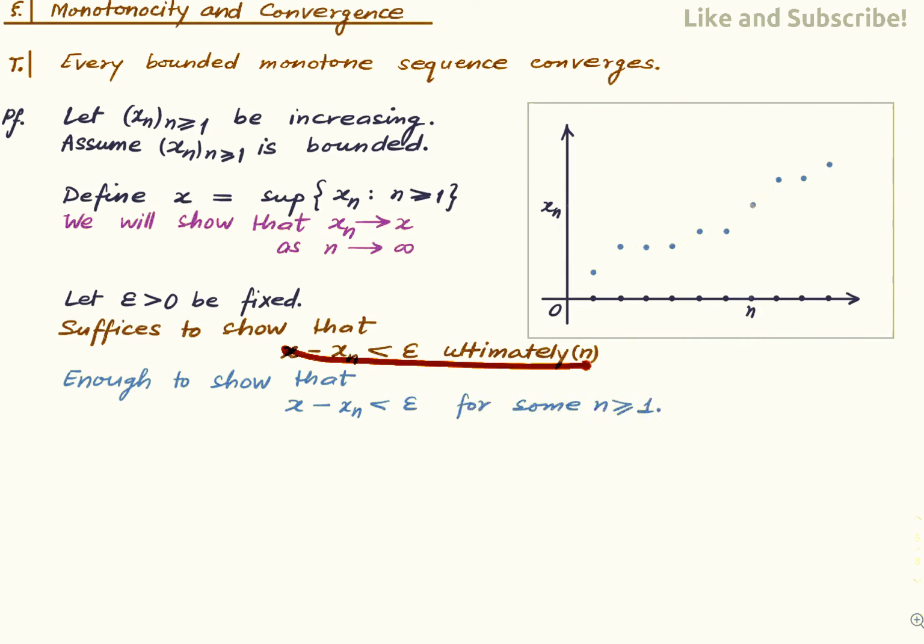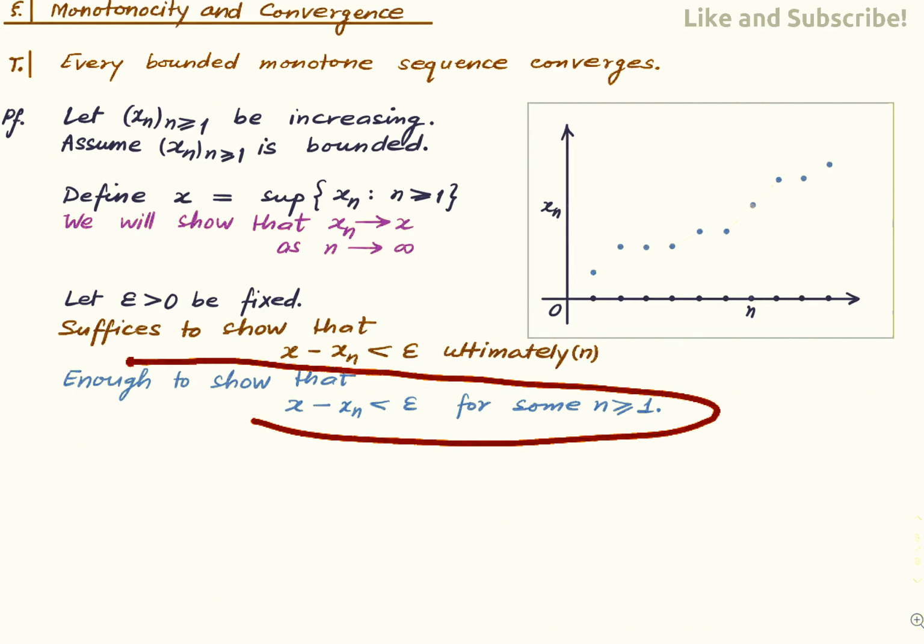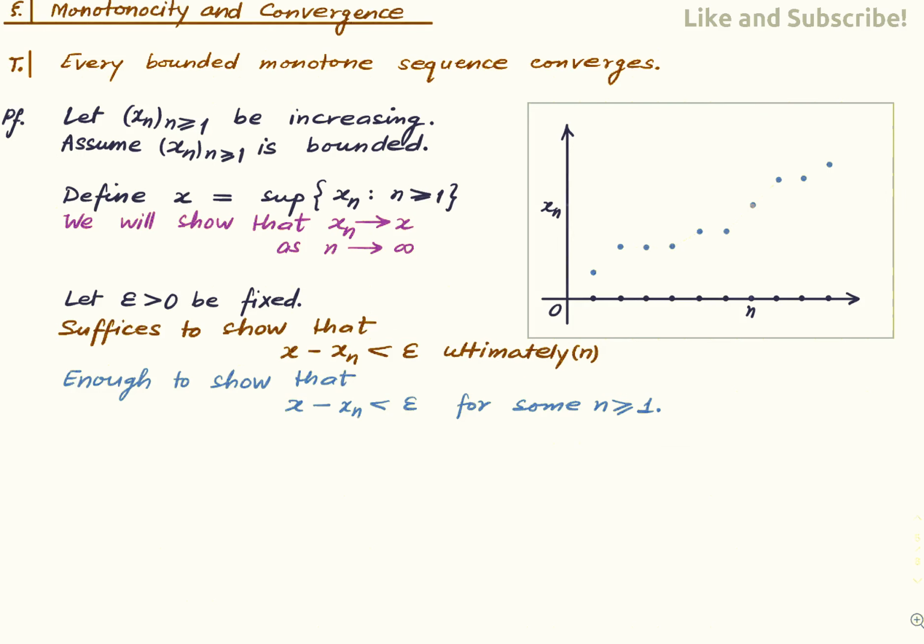Here we wanted this to happen ultimately, which means for all n beyond a certain point. But here we are saying that it is enough to show that this happens for just one single n. As soon as this happens for one single n, it will happen ultimately. And that is because this sequence xn is an increasing sequence. So if this is less than epsilon, as soon as you increase the value of n, it will continue to be less than epsilon, because the value of xn will increase as you increase n. So this much is sufficient.